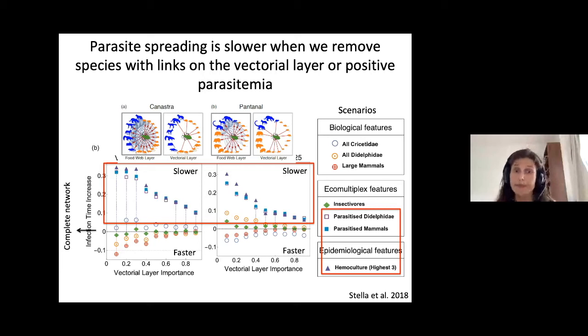So this means that the topological role of species on the multiplex is also a good predictor of their epidemiological role. And this is super important because it means that we can have insights on local transmission dynamics, even if we don't have data on parasite prevalences.